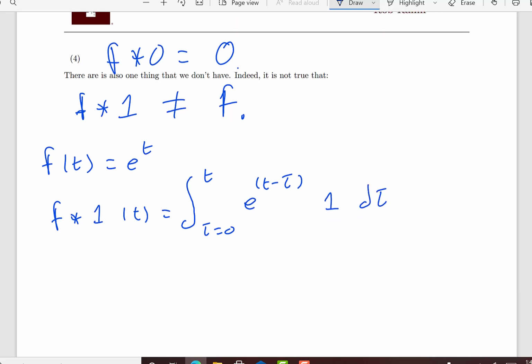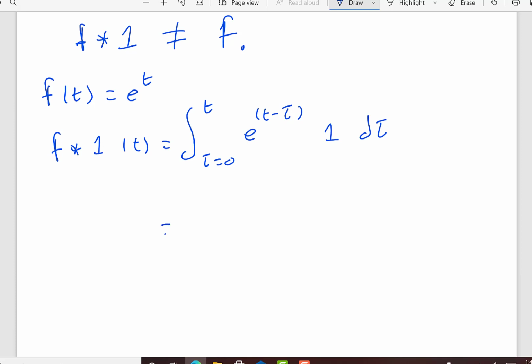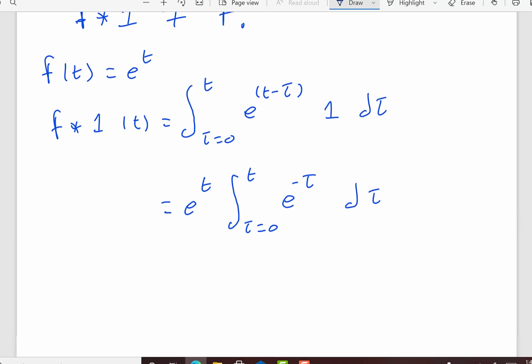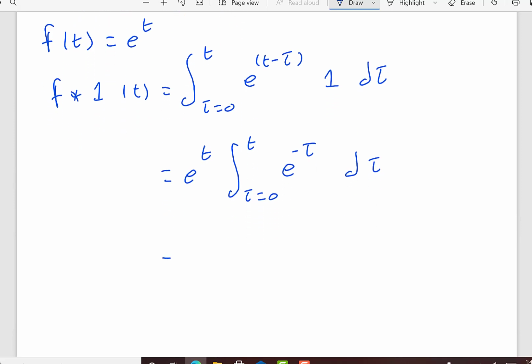d tau. Remember, as far as the integral is concerned, t is a constant. So this is e to the t times the integral from tau equals 0 to t of e to the minus tau d tau. The antiderivative of e to the minus tau is minus e to the minus tau.